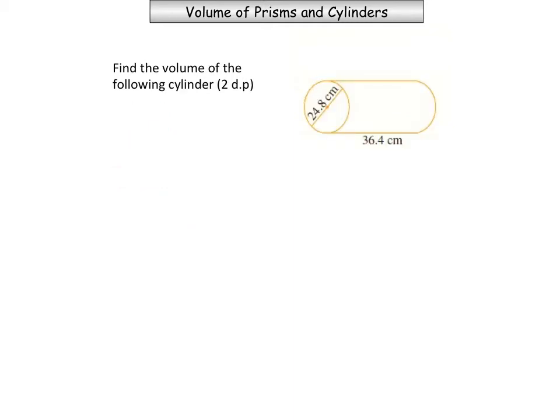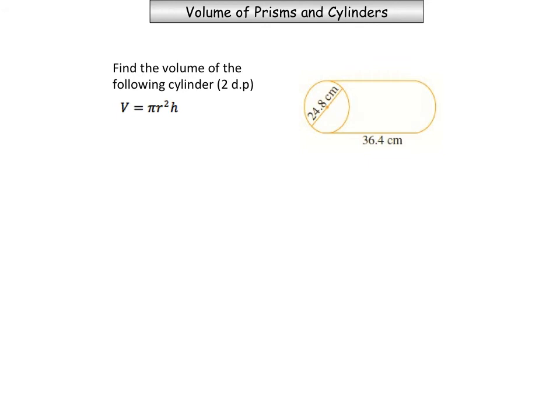The volume of a cylinder. As we said before, a cylinder has a uniform cross-section, so we can treat it like a prism when we're finding the volume. So we use the equation that V equals AH, but because it's a cylinder, we know that it's very particular, so we've got pi r squared h.